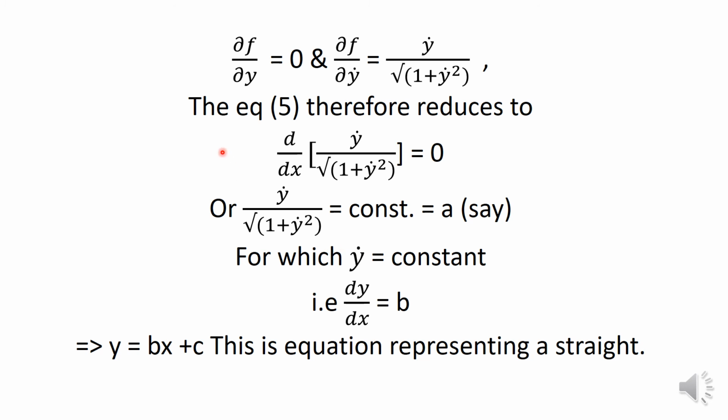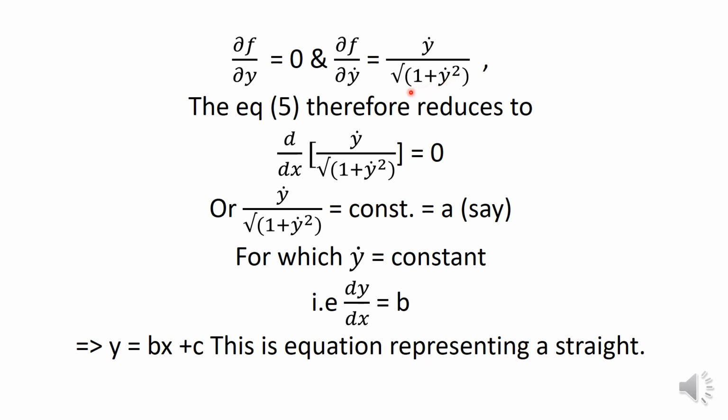And therefore, we find the value of ∂f/∂y is equal to 0, as the function f is equal to the square root of 1 plus ẏ squared, which is independent of y, and ∂f/∂ẏ is equal to ẏ by the square root of 1 plus ẏ squared.